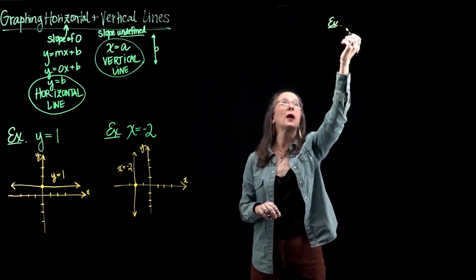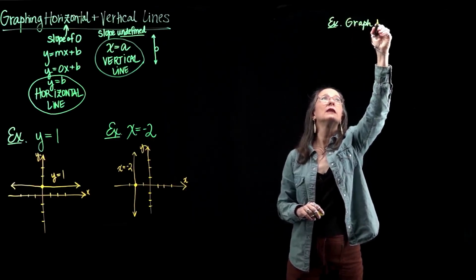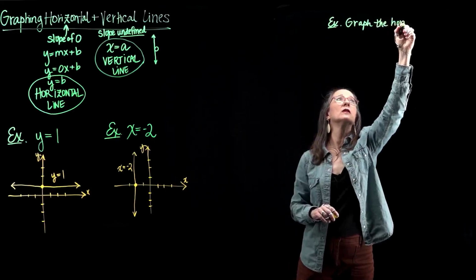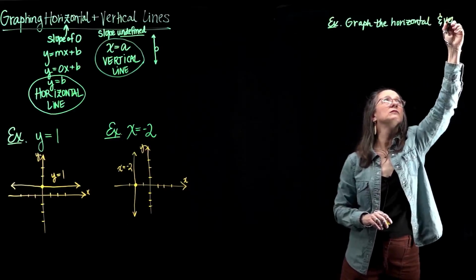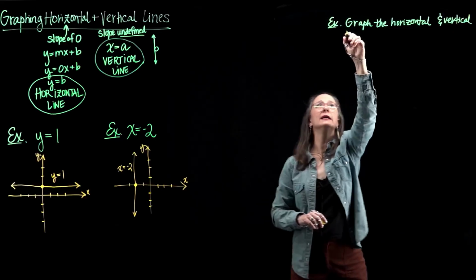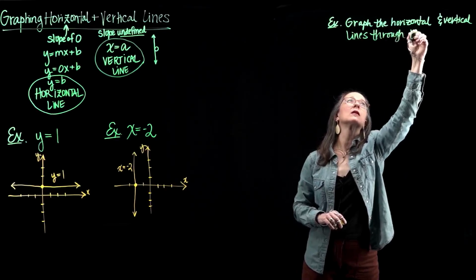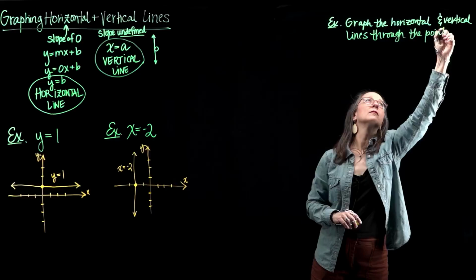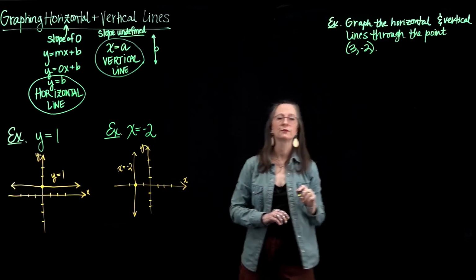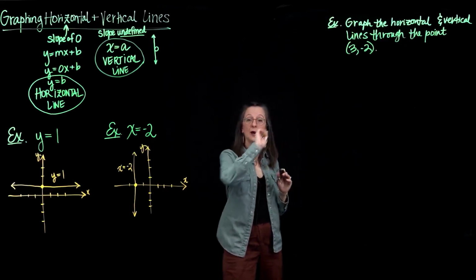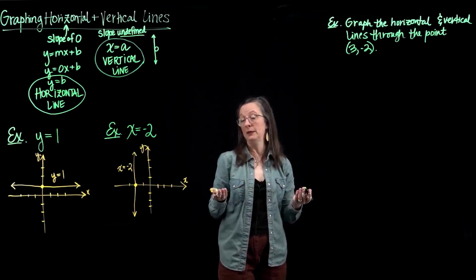This would be the type of problem that says, graph the horizontal and vertical lines through the point (3, -2). First, I'm going to graph this point on a coordinate system so that we can look at what's happening here.